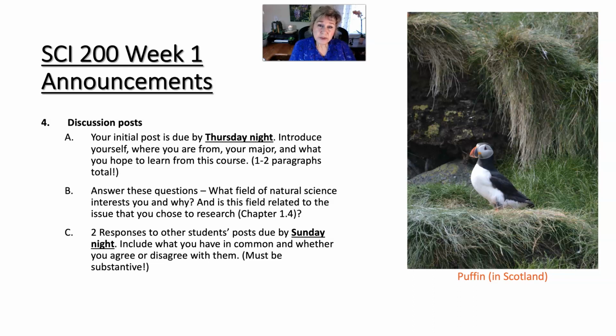So what you'll need to do is read through that web text first so that you know what the different fields are in natural science and which one might interest you the most. And is this field in any way related to the topic that you have chosen? A lot of the time it won't. If you choose astronomy, not a single one of those that I just mentioned have to do with astronomy. So just so you know that.